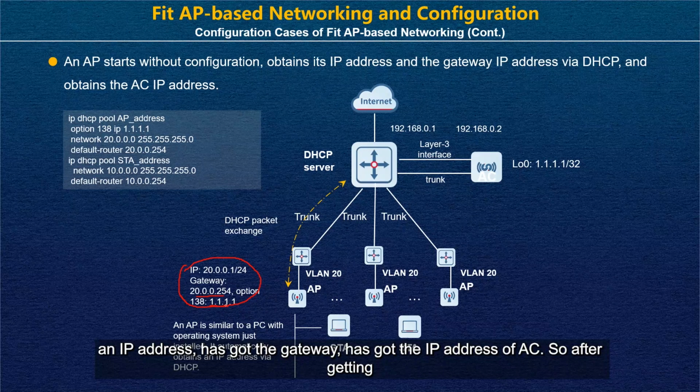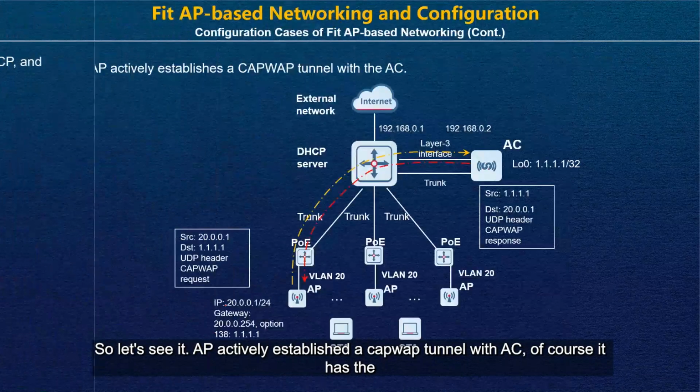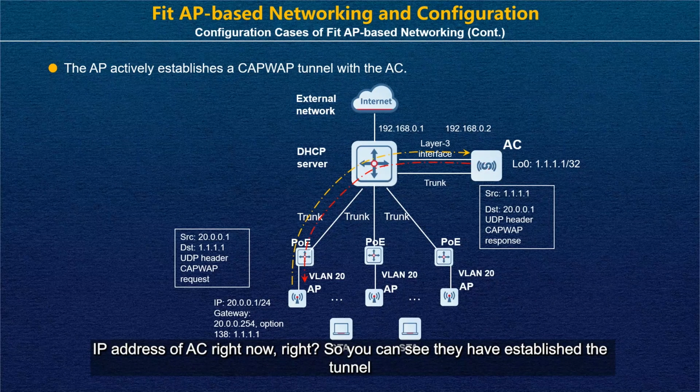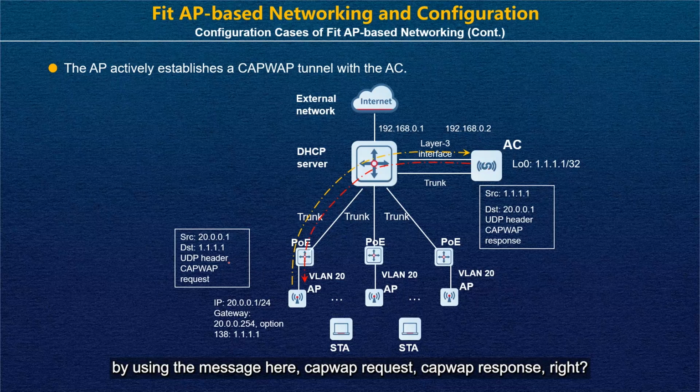After getting this information, the AP will establish the tunnel, or communicate, with the AC. So let's see it. The AP actively establishes a CAPWAP tunnel with the AC. Of course, it has the IP address of the AC right now, right? So you can see they have established the tunnel by using the messages here, CAPWAP discovery request and response, right?